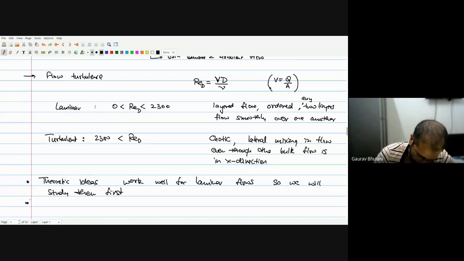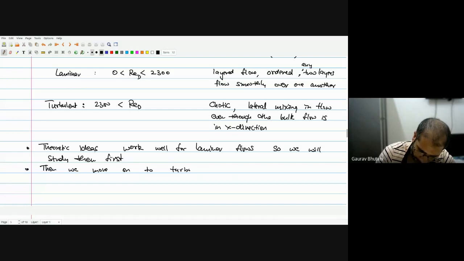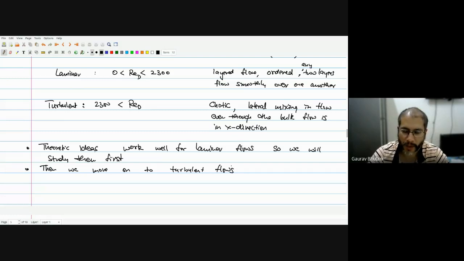Okay. Then we'll move on to turbulent flows, and that is where we'll use the ideas of experimentation and empirics to understand them further.